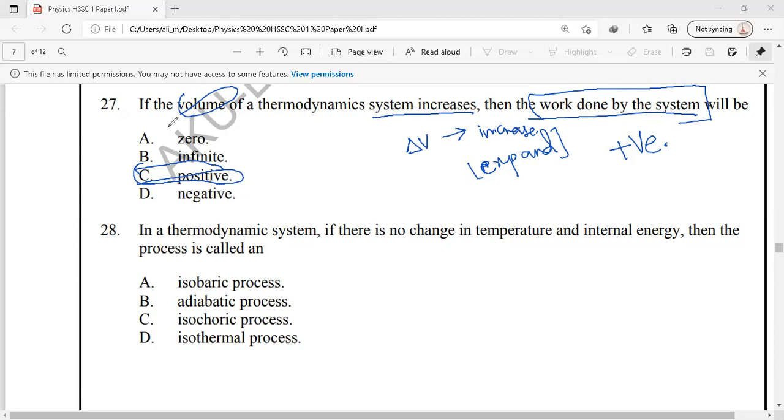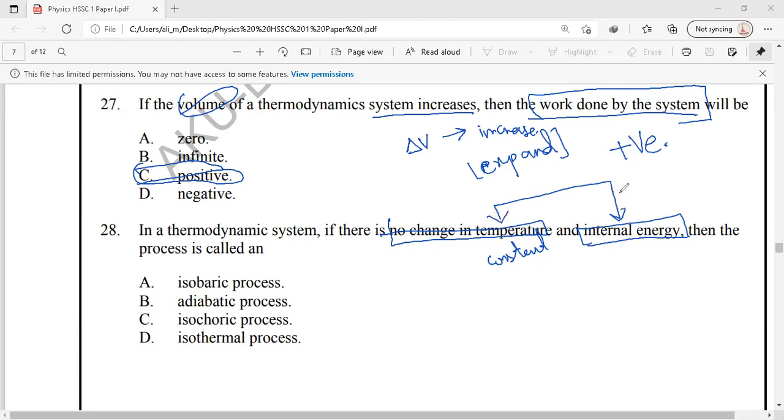Let's see question number 28. In a thermodynamic system, if there is no change in temperature, it means the temperature is constant. Temperature and internal energy are related.